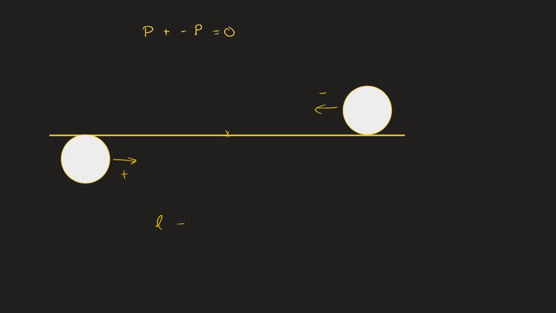But the angular momentum of the system is not 0, because their angular momentums are in the same direction. This puck travels past this point, so it's rotating this way about that point. And this puck travels past that point, so it's rotating this way about that point. They have complementary angular momentums. We all follow? We get almost to the solution at the end of 6th period in this question. You should definitely look at it, okay?